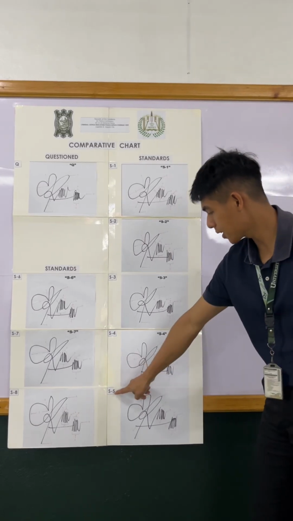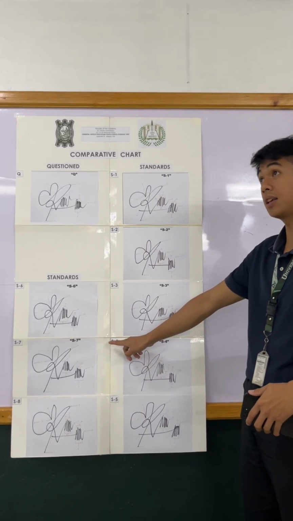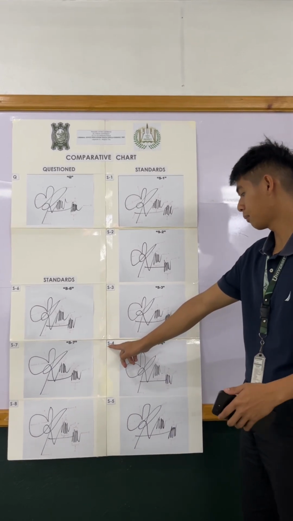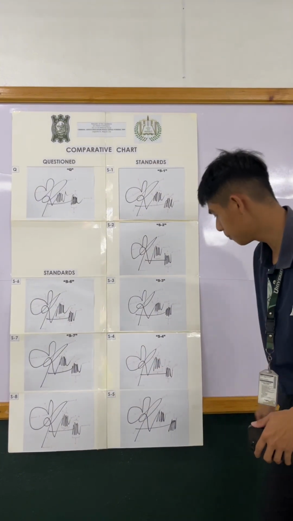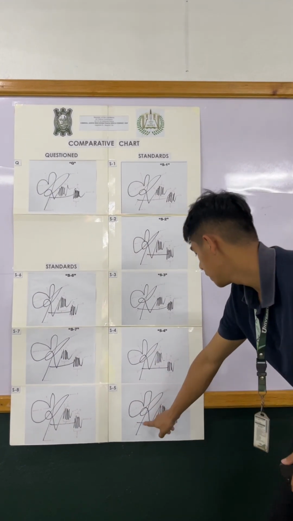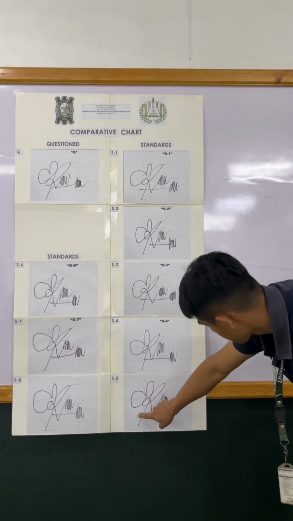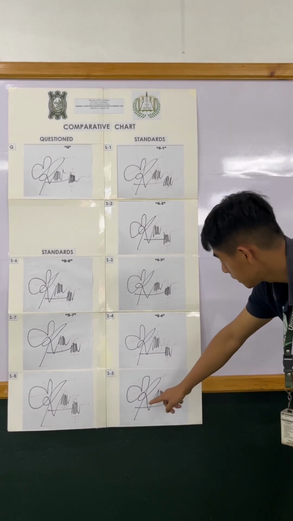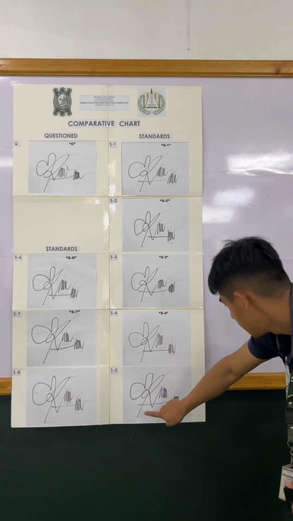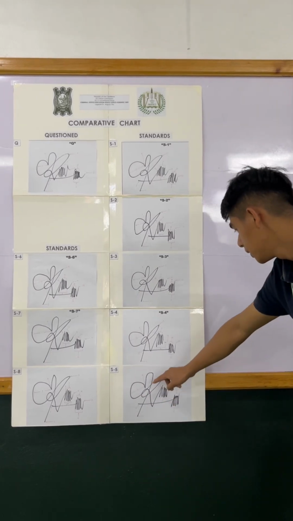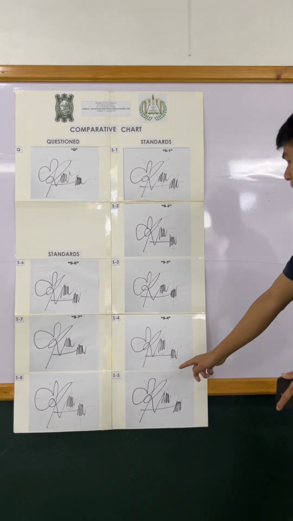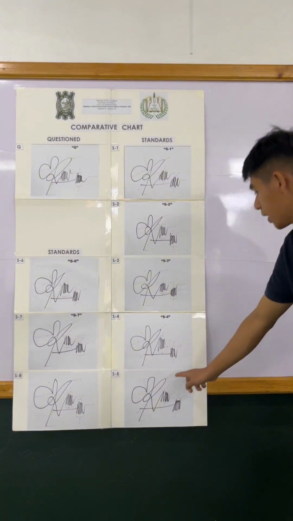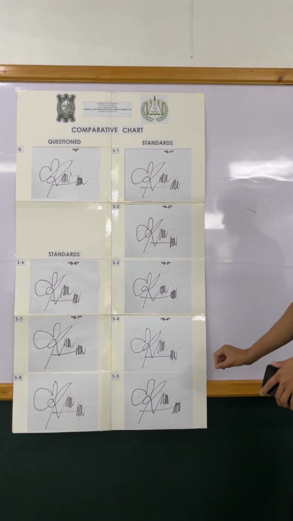Here in the standard, as you can see, I explained the standard number 5. Yes, signature number 4, and now I will discuss signature number 5. Here the movement of the signature, as you can see, is fast. And then the line quality of the signature appears to be good, as you can see, because in the manner of writing the pen is not shaky or heavy.